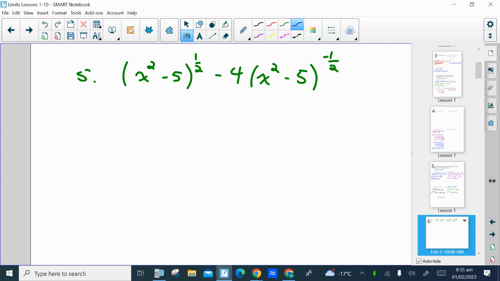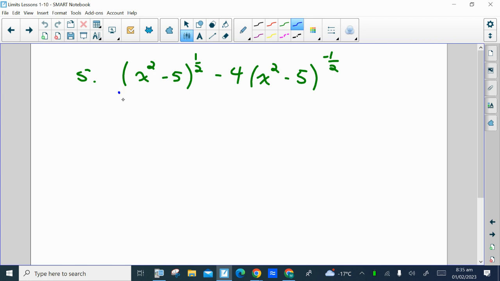In this case, you've got two terms. Each term has an expression or a factor with a base of x squared minus 5. In the first term, the power on the x squared minus 5 is positive a half. In the second term, negative a half.